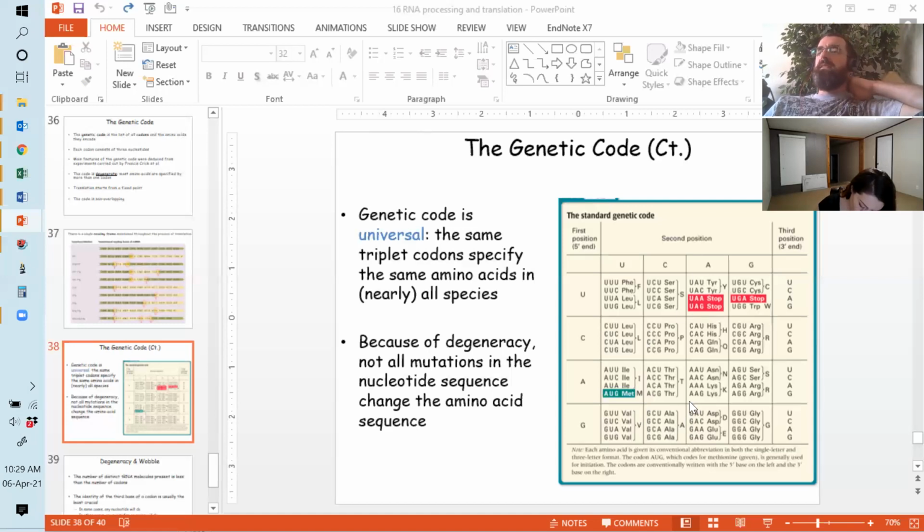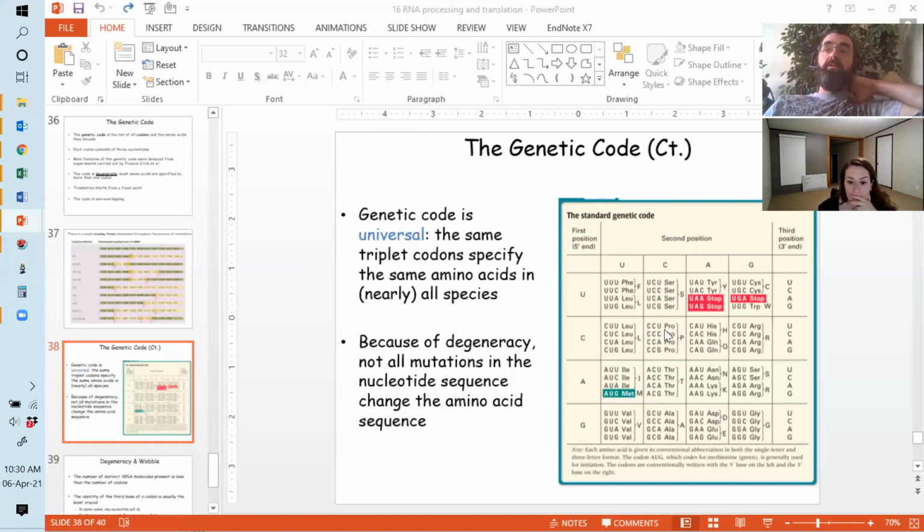And this is essentially a buffer against mutation. So obviously, if you have UCU in your mRNA, you get serine. If you change one of the first 2 letters, let's say you change it to CCU, well, now you get a proline, because you change from this codon equals this amino acid to this codon that equals this amino acid.